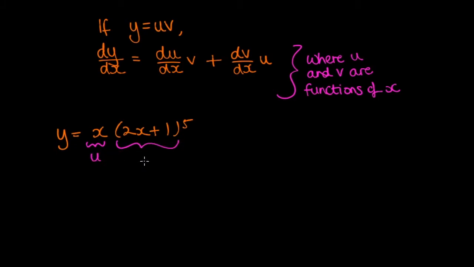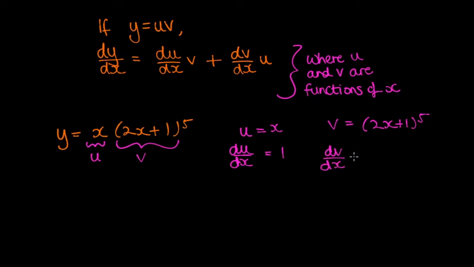So let's call this u, let's call this v. So if u is equal to x, then differentiating with respect to x is going to give us 1. And then for v, so if v is equal to (2x plus 1) to the power of 5, then again we're going to need to use the chain rule.